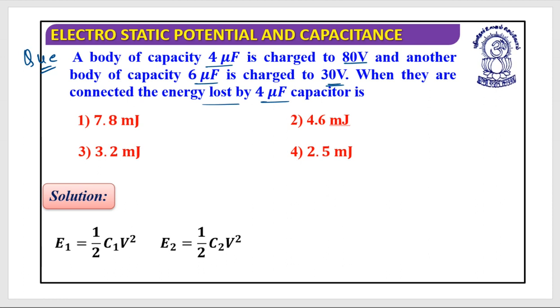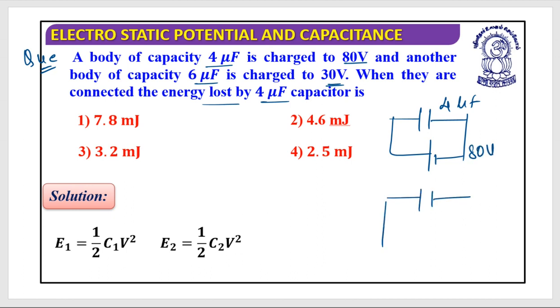What I consider is that this is the situation. First they are like this: a 4 microfarad capacitor at 80 volt, and a 6 microfarad capacitor at 30 volt.